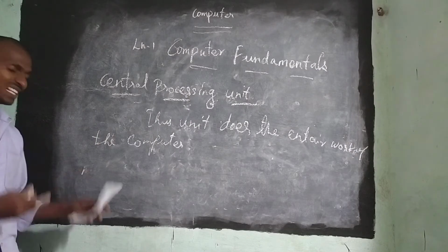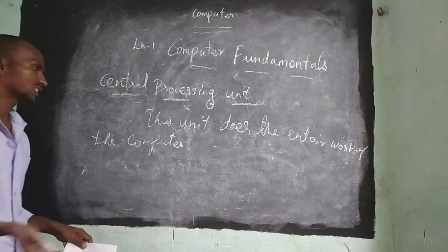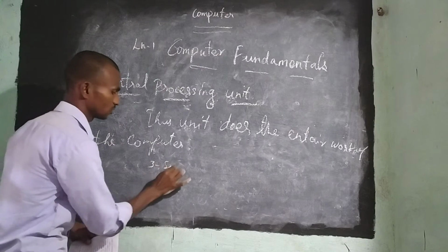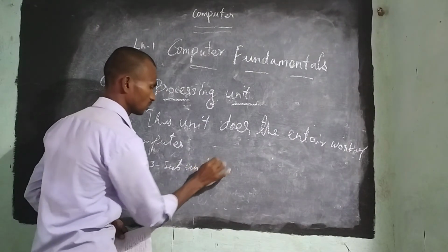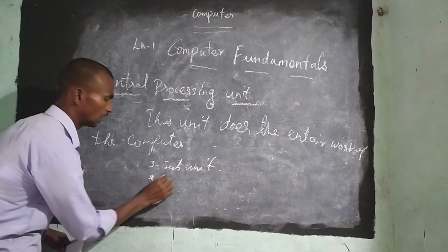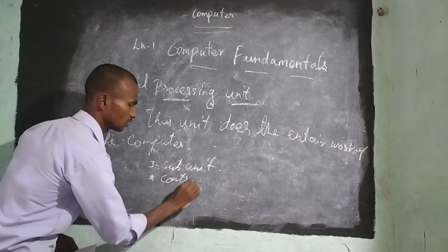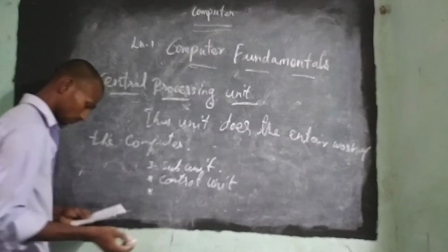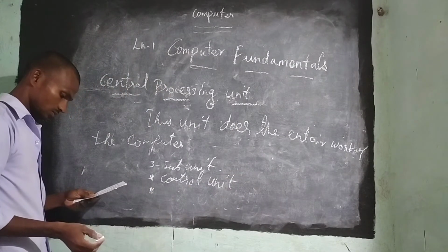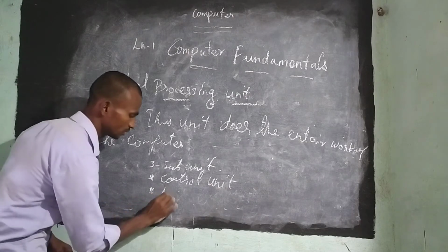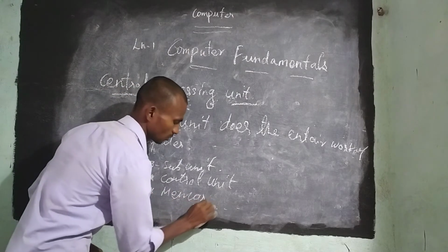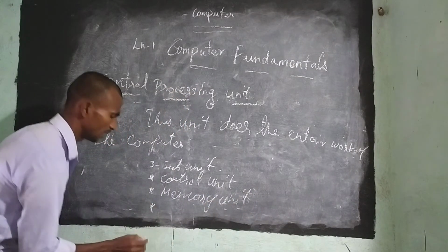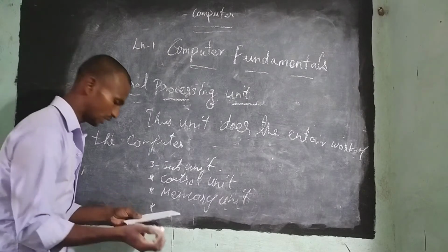It has three subunits. First one is the control unit. Next is the memory unit. Next is the ALU, arithmetic and logic unit.